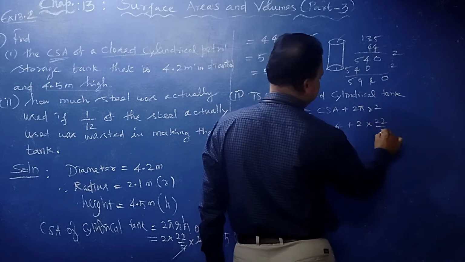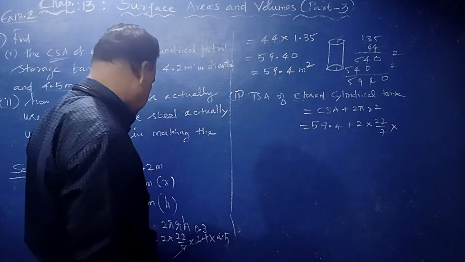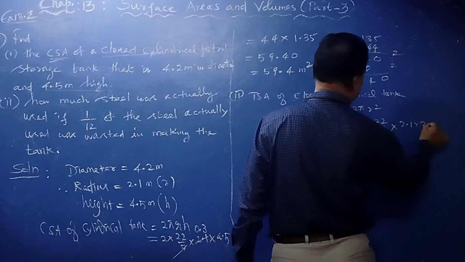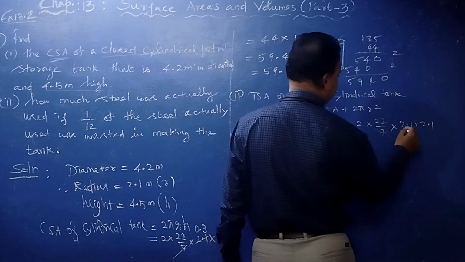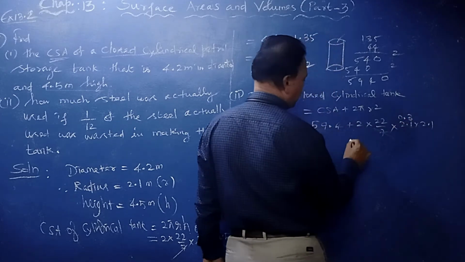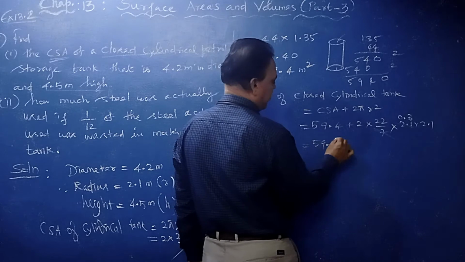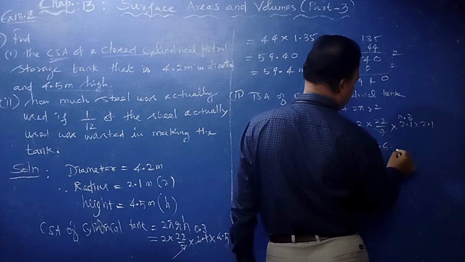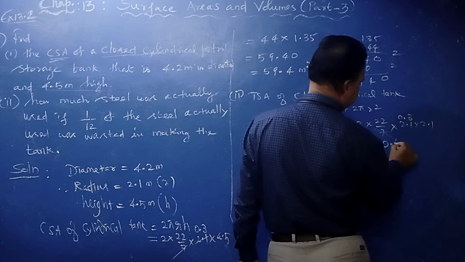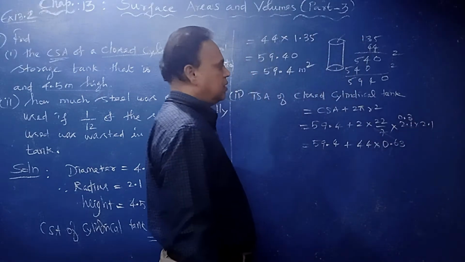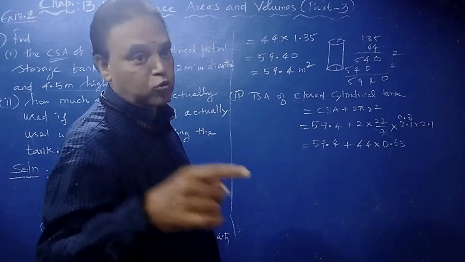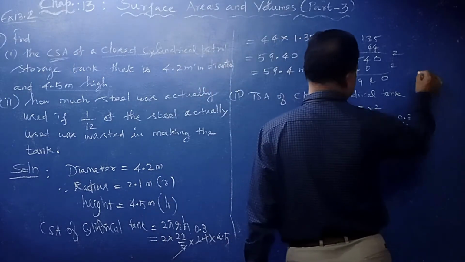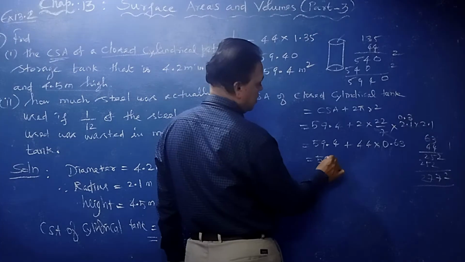2 into 22 by 7 into r squared. R squared is 2.1 into 2.1. Now 7 table, you cut it, means 0.3. So 59.4 plus 44 into 0.63. 21 into 3 is 63, but after decimal 2 digits are there, so keep 2 digits. Now 63 into 44 is 27.72.